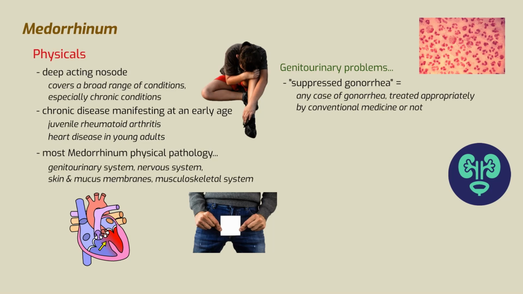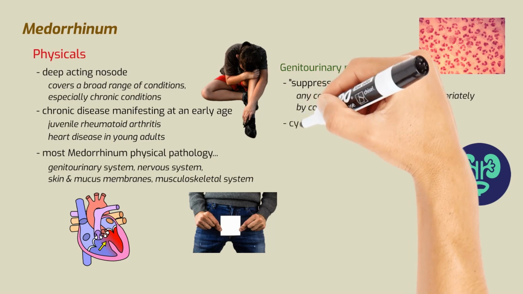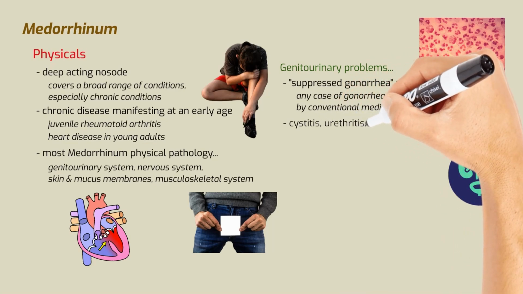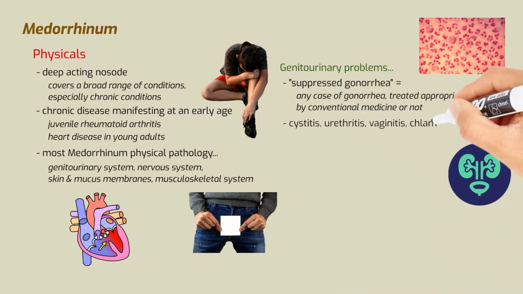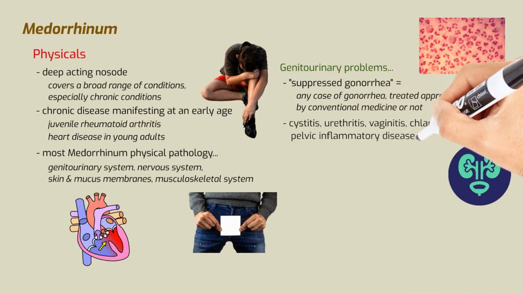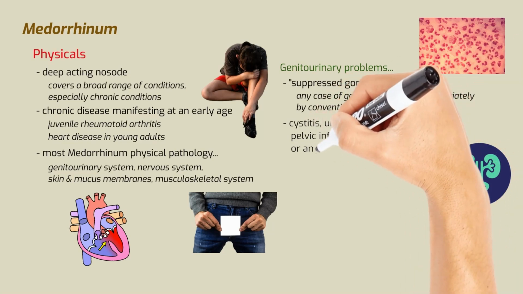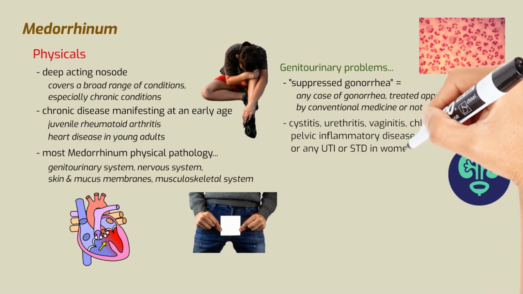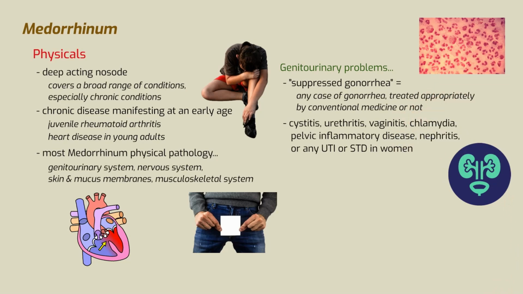It's sufficient, therefore, to conclude that any history of gonorrhea is a strong indicator for the psychotic group of remedies, the main nosode of which is Medorrhinum. It may be indicated for cystitis, urethritis, vaginitis, chlamydia, pelvic inflammatory disease, nephritis, or any urinary tract or sexually transmitted infection in women, whether acute or chronic.